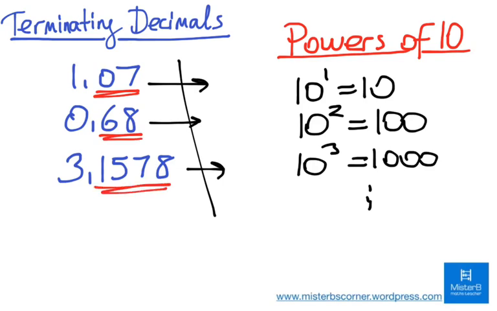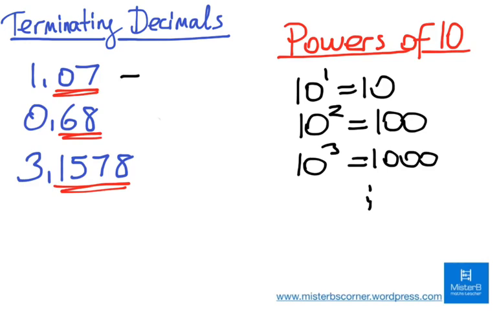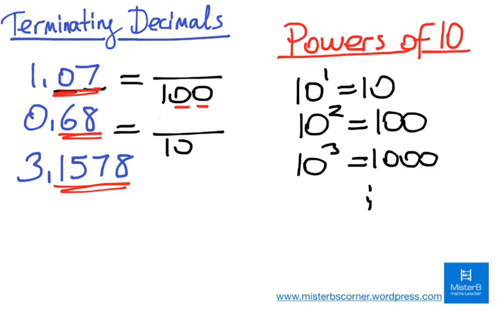For example, if there are two decimal digits, 1, 2, then it's going to be a division by 100. The number of zeros in the power of 10 should be the same as the number of decimal digits. For this one, it's going to be the same, so it's going to be a division by 100.